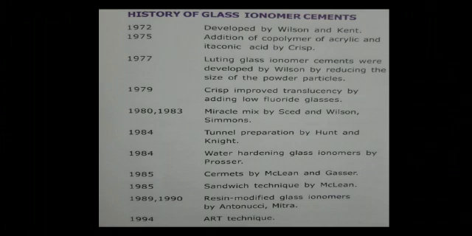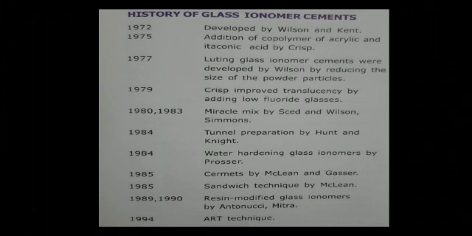In 1979, Crisp improved the translucency by adding some new fluoride glasses. In 1980 and 83, Miracle Mix was introduced by Skeld and Wilson and Simmons. Miracle Mix is used for crown and core buildup.